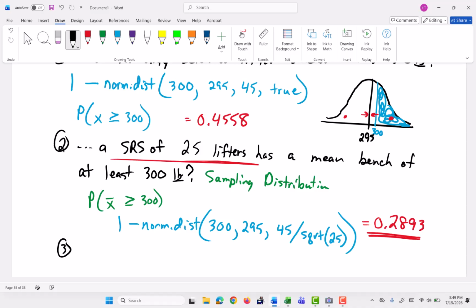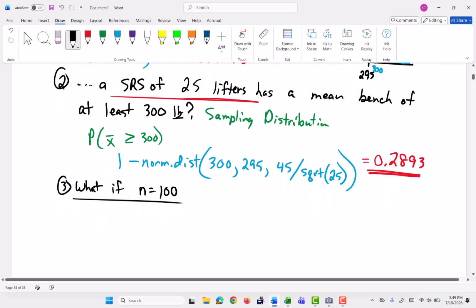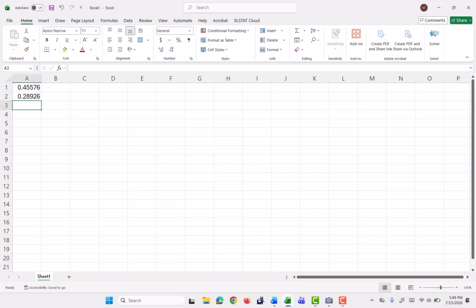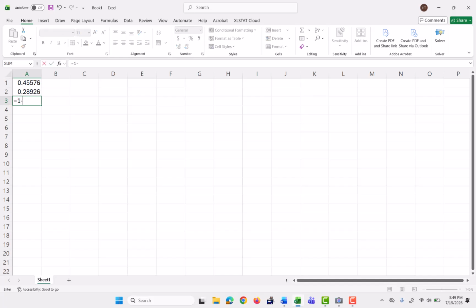And now for our third question here, what if n is 100? So now it's a simple random sample of 100. And so the only thing that's going to change up here is this 25 is going to now change to 100. So if we go over to Excel here, this is going to equal 1 minus norm.dist, still 300 pounds. 295 is still our mean, but now it's 45 divided by the square root of 100.